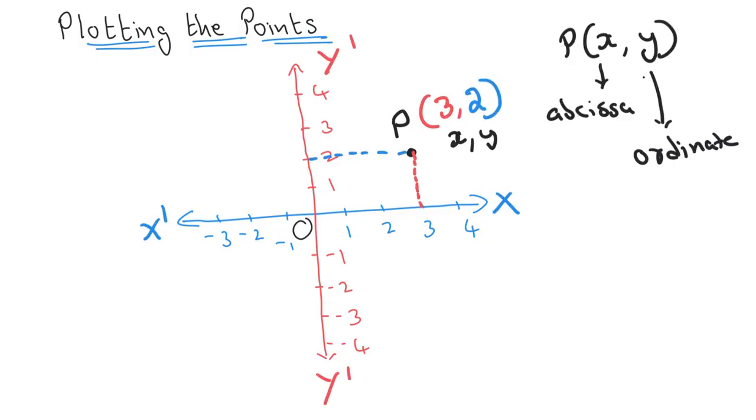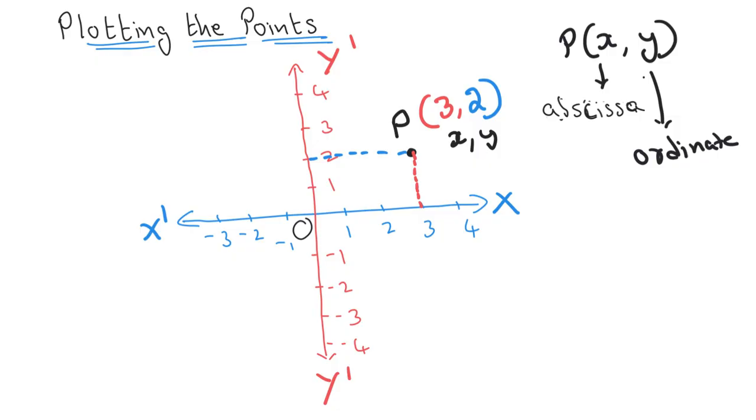Understand this? How you plot a point. The abscissa, the spelling is A-B-S-C-I-S-S-A, okay? Just make a correction.